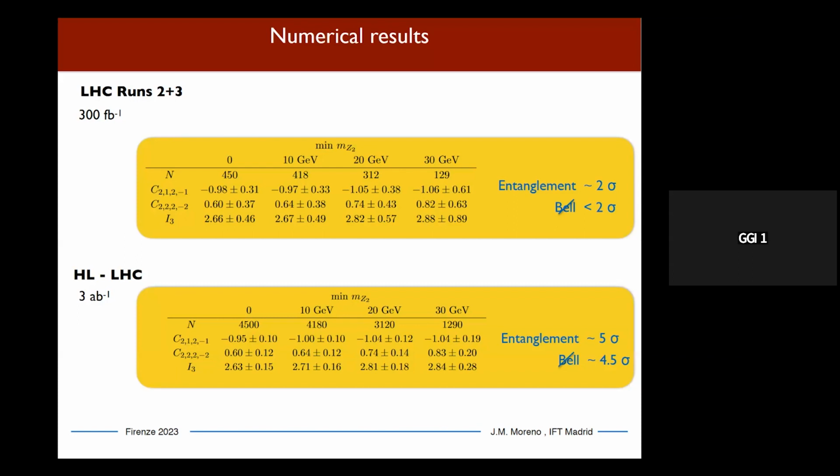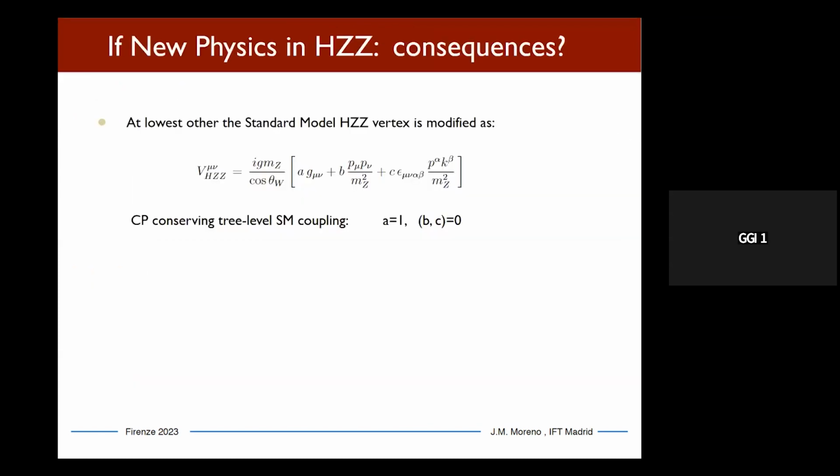So the error is reduced by a factor of 3, and the central values, of course, are quite similar. The result is that entanglement could be shown at the 5 sigma level, and the Bell inequalities will be evaluated at a similar value.